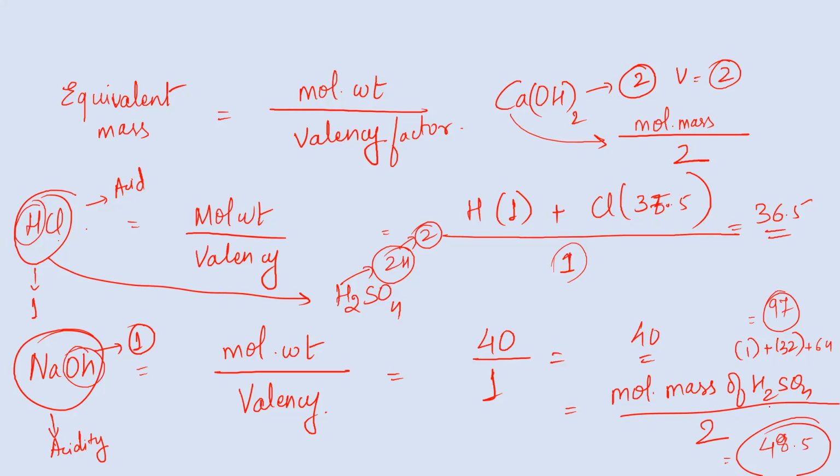Now, is the valency always dependent on the number of H and the number of OH? Is the valency always related to H and OH? Sometimes we also have to go into the structure of the particular acid. For example, phosphoric acid.